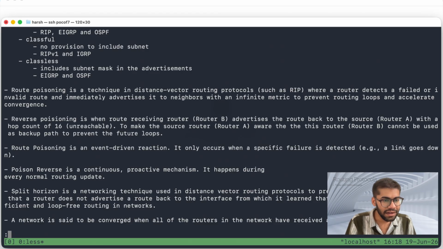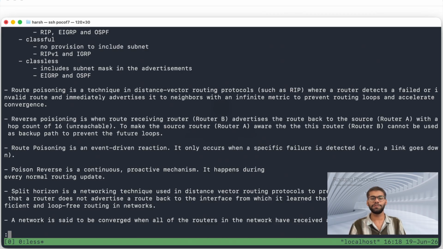Finally, split horizon is a networking technique used in distance vector protocols to prevent routing loops by ensuring that a router does not advertise a route back to the interface from which it learned the route. This helps maintain efficient and loop-free routing information in the network.